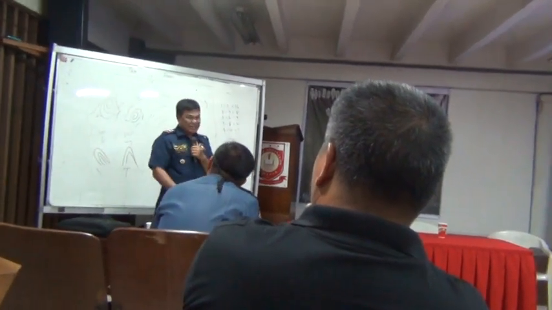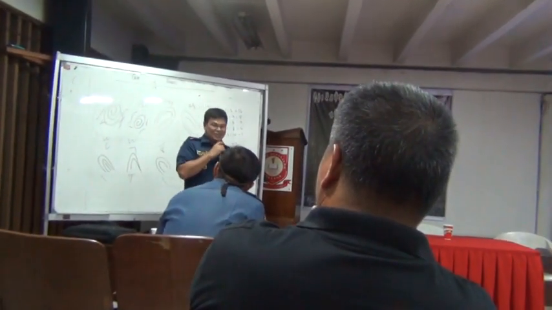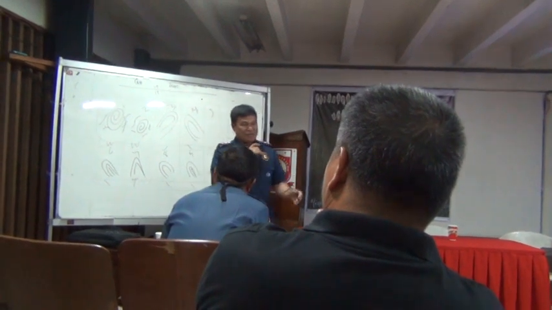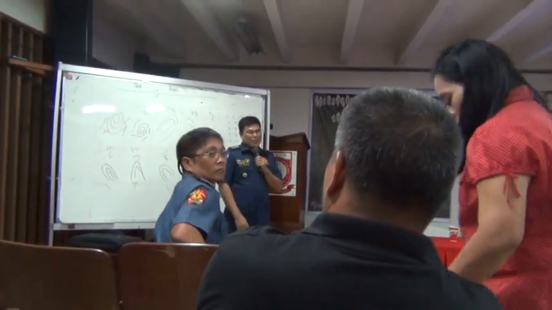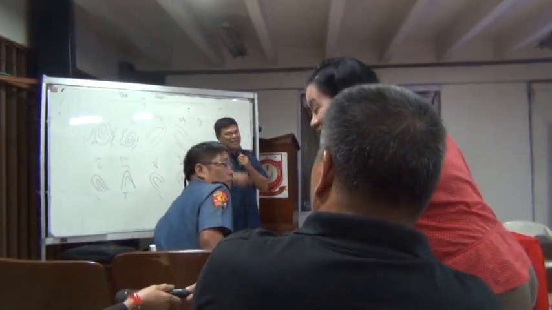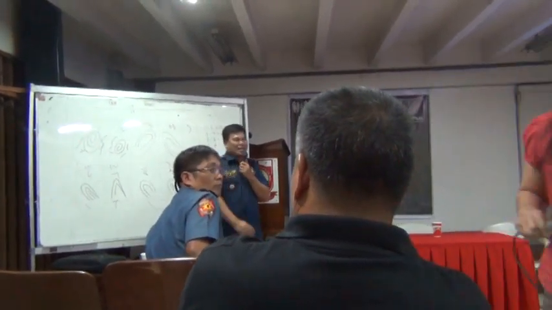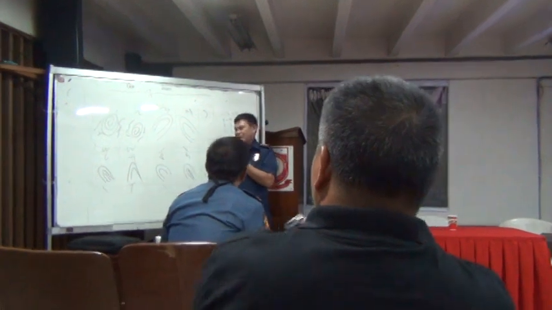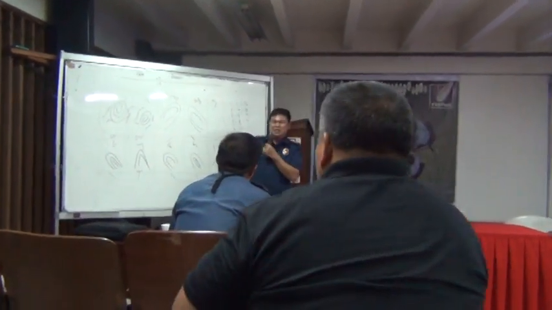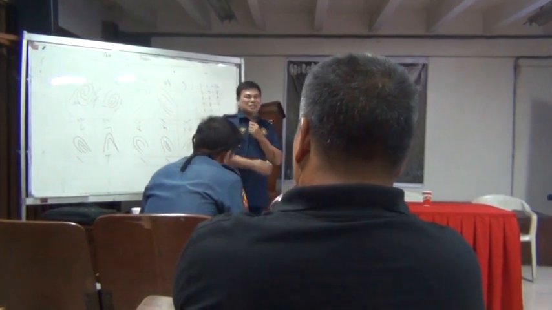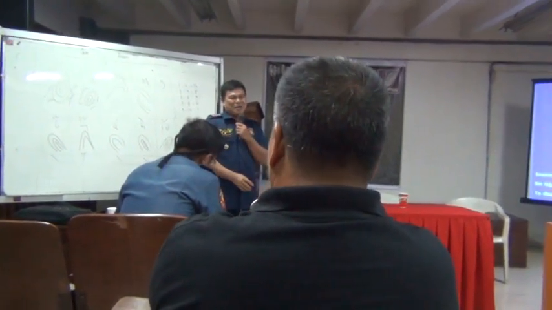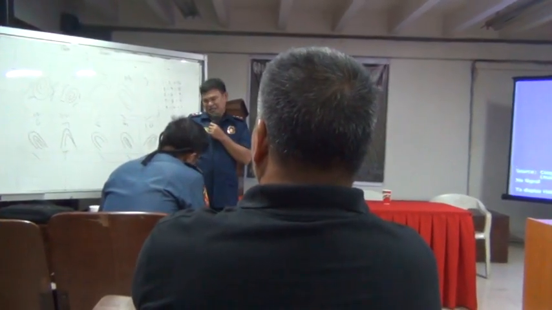As doon sa invitation kasi, ang nakalagay doon is, ano ba yung ginagamit namin? So ito ngayon yung dinidiscuss ko. So saka natin pagka-anuhan yan, yung Henry system. Pero ito po yung ginagamit na fingerprint classification sa office namin sa PNP Crime Laboratory. Okay po.